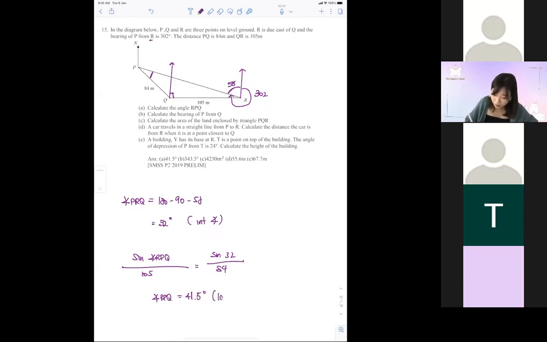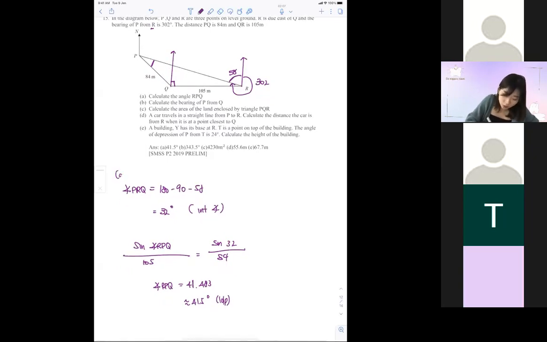Okay, 1 dp. So before I put that, sorry, I should put the raw value first. 41.483, 41.5, 1 dp. Okay, no issue, no issue. It's just a drawing. It's not exact.